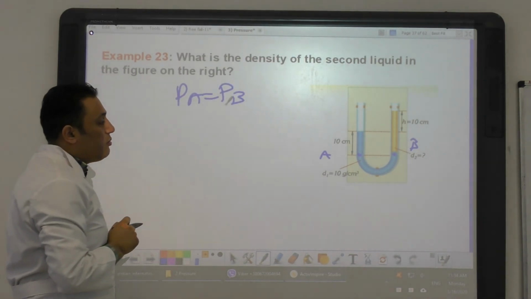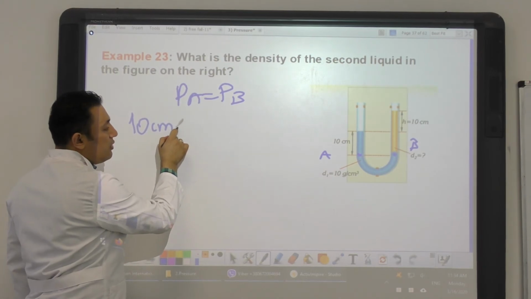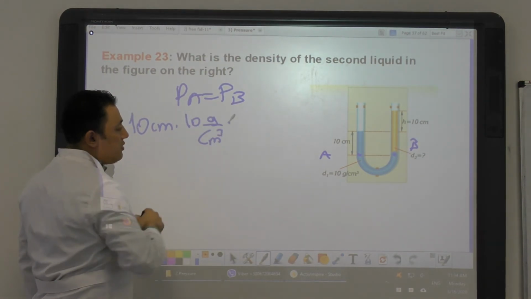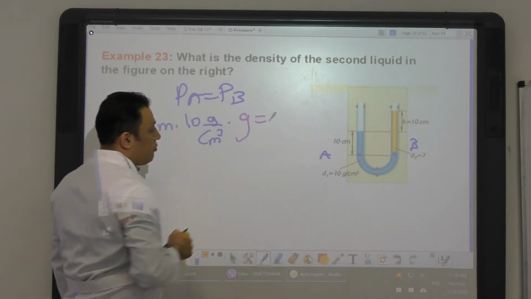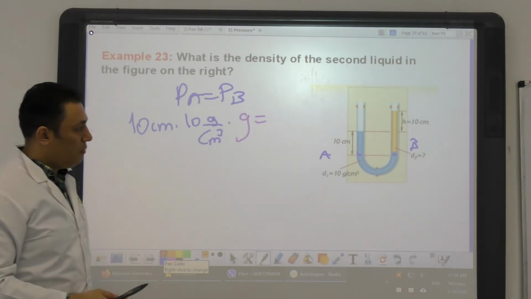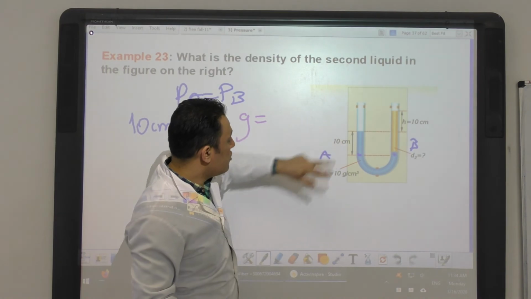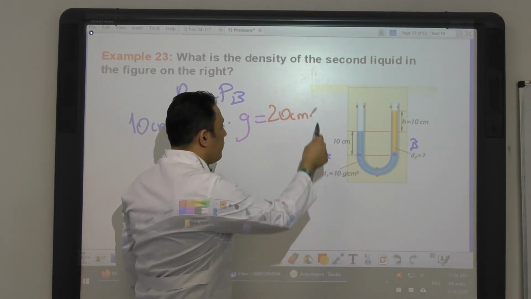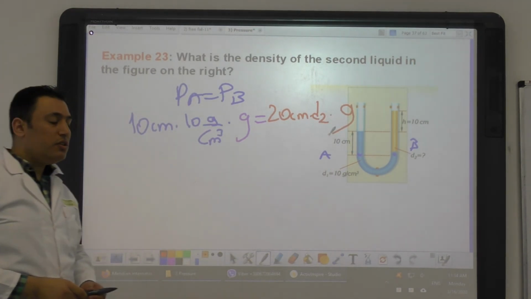At point A, the pressure is caused by 10 centimeters of height, with a density of 10 gram per centimeter cube, multiplied by g. This will be equal to, at point B, this is 10 and this is also 10, a total of 20 centimeters multiplied by the density, which is not known, multiplied by g, the gravitational acceleration.